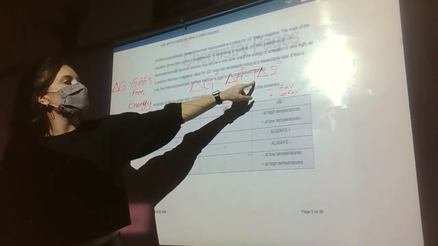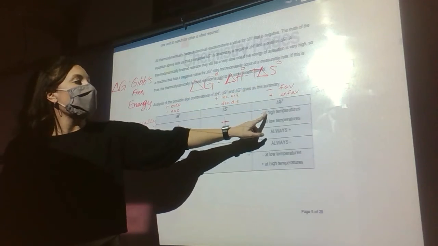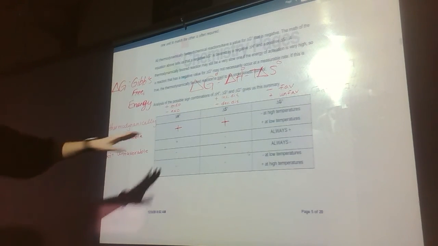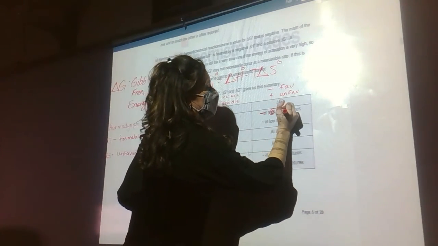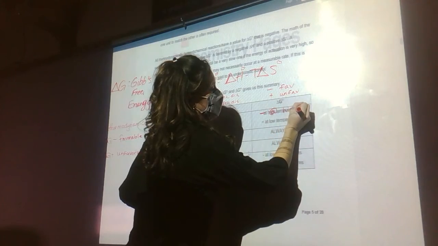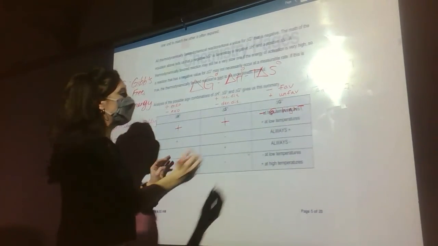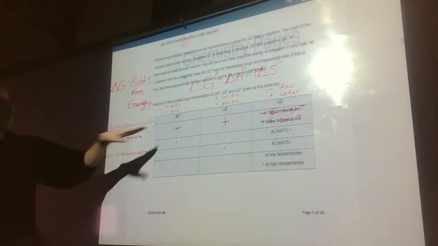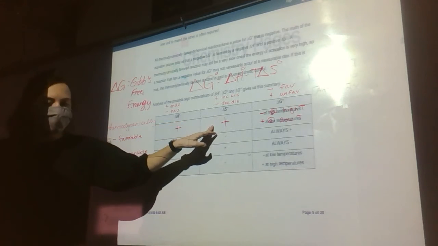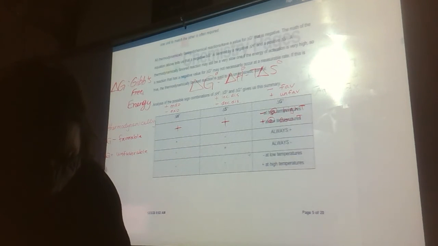If T is a big number, you'll have a favorable reaction. That's what I was just talking about. Some reactions only go at high temperatures. At low temperatures, it won't go anywhere because it requires energy and it increases entropy.